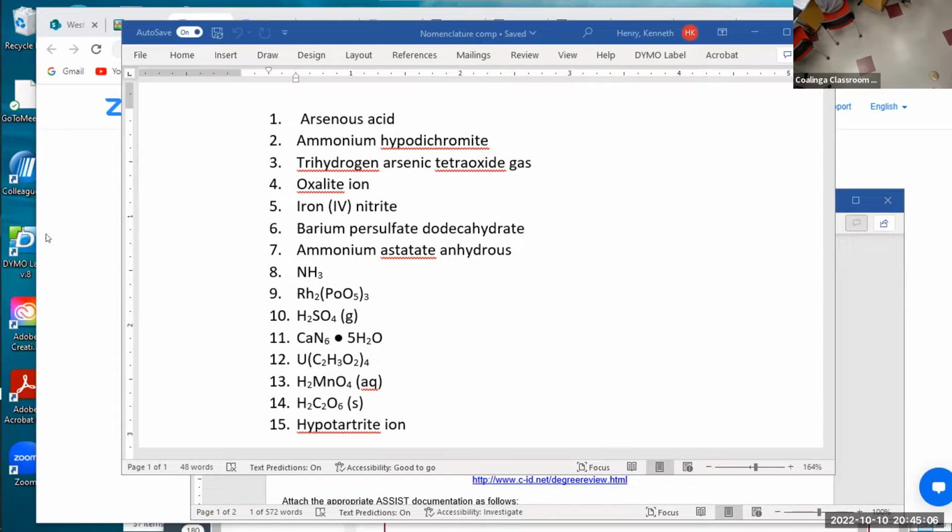What was that? Yeah. Are you sure? Look at those letters. That's a P, O, small o, and then a capital O. So it's outside. Look at your polyatomic ion table.